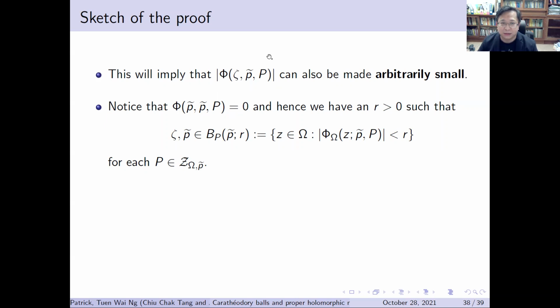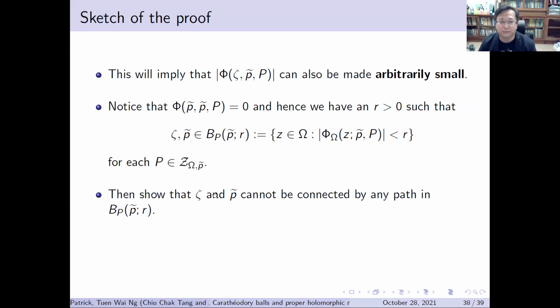So this is small. On the other hand, if you replace this theta by p tilde, it has to be equal to 0 just by construction. Therefore, if you look at this set, which is the set that we consider, these 2 points would be inside this set, for each p.